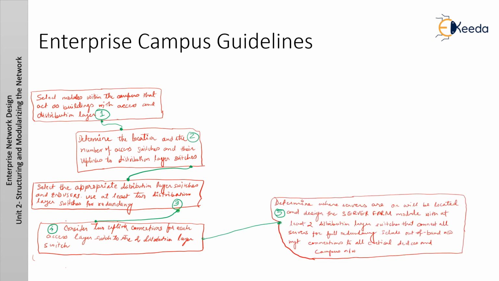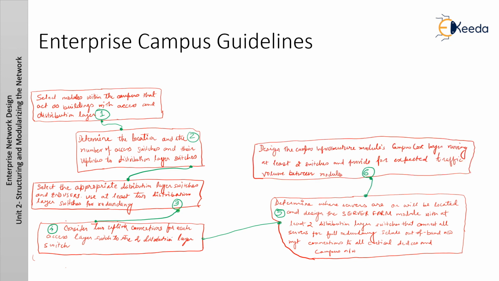Step 5. Determine where servers are or will be located and design the server farm module with at least two distribution layer switches that connect all servers for full redundancy. Include an out-of-band network management connection to all critical devices in the campus network. Step 6.